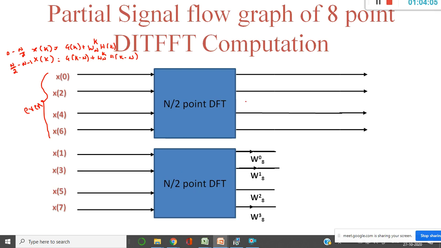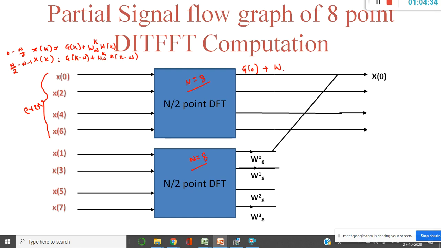Now what we do, we try to multiply in order to fetch capital X of 0. How do you get this? We get here g of 0 plus W. Here we have assumed the value of n to be 8.